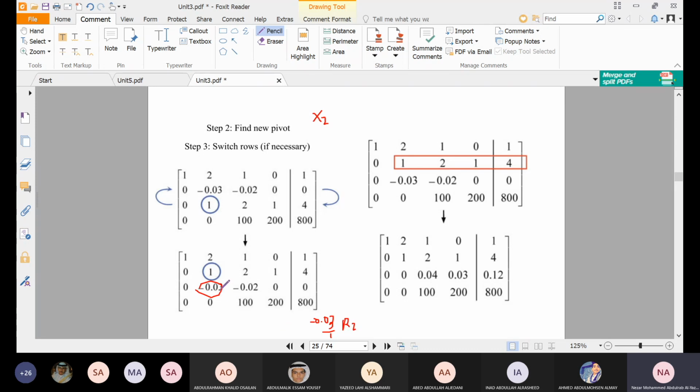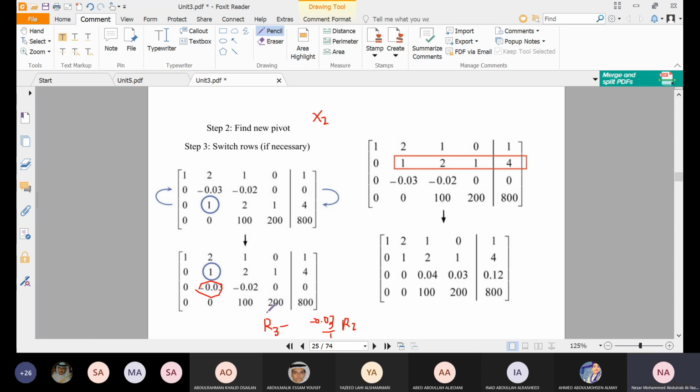So I take the coefficient of R3 and multiply by the ratio between the coefficient in the third row, second column, over the second buffed element, multiply by row 2, because this is the buff that we use here. I subtract this from row 3 because I need to eliminate the coefficient in row 3.